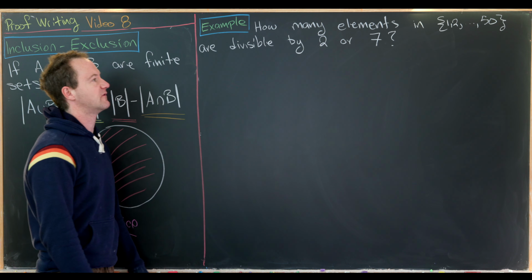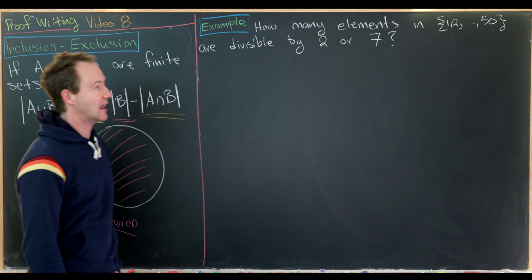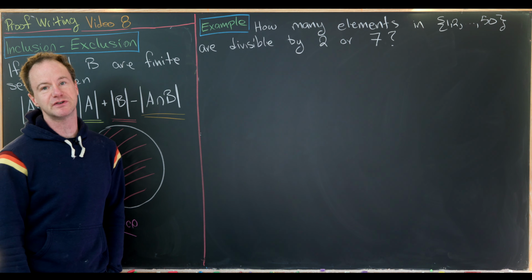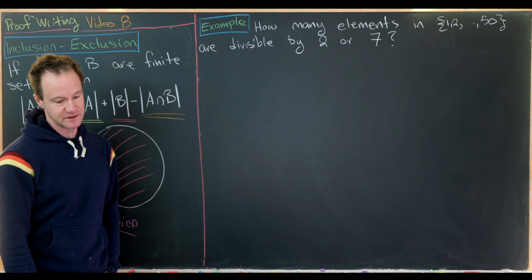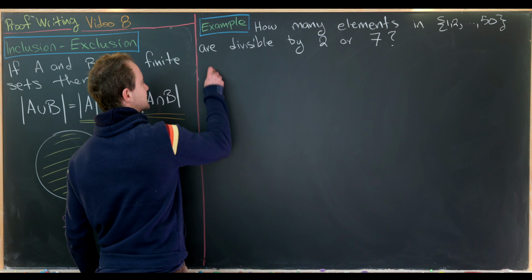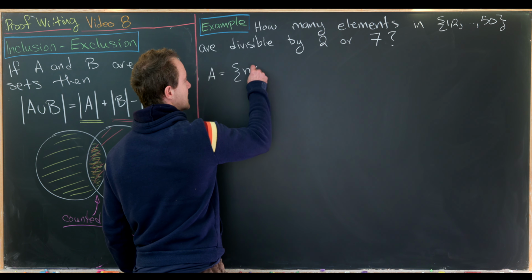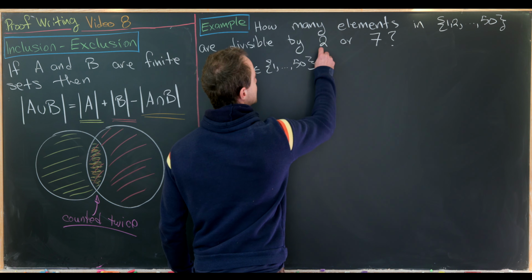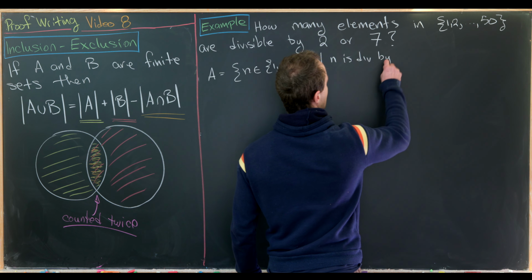Okay, so let's start with a fairly simple example, and that is to count the number of elements in the set 1, 2, 3, 4, up to 50 that are divisible by 2 or divisible by 7. So let's put this into the language of some sets first. Let's say that A is all n in the set 1 to 50 such that n is divisible by 2.